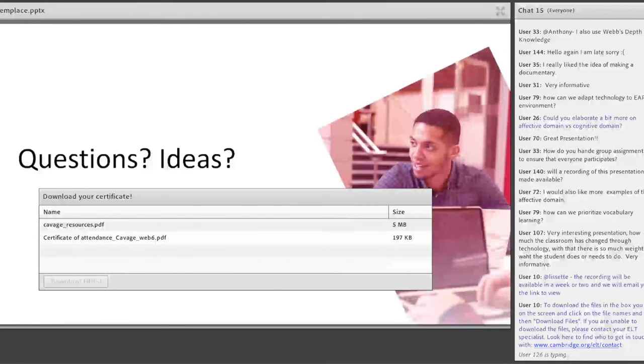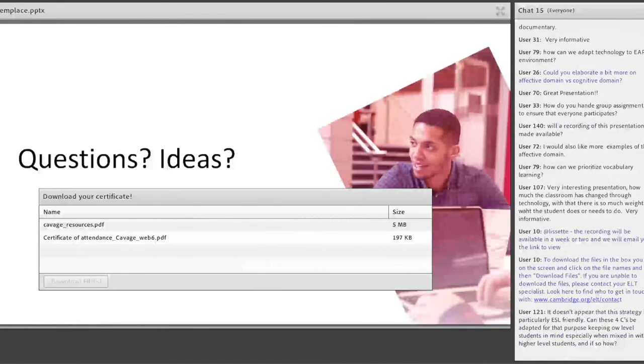I think vocabulary learning is one thing that gets swept under the rug a lot. I don't think we do enough with explicitly teaching vocabulary.